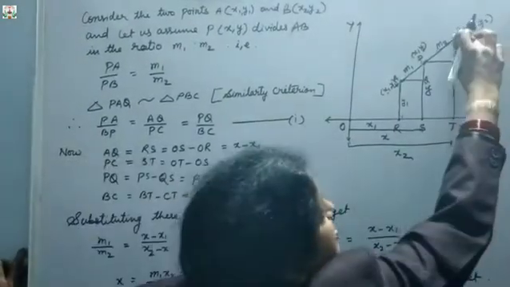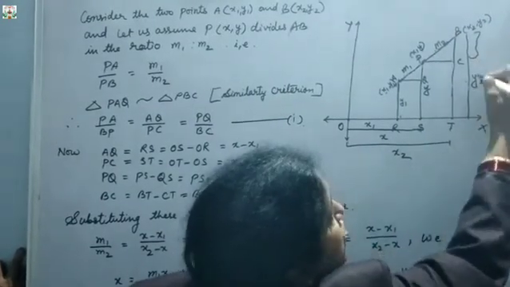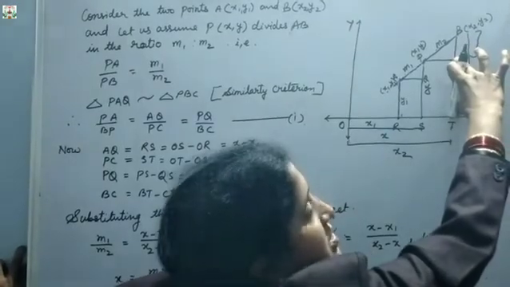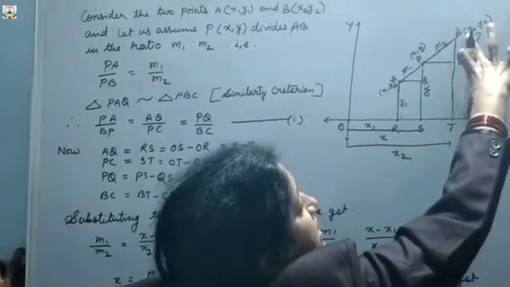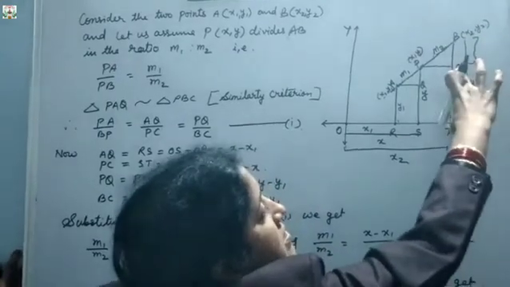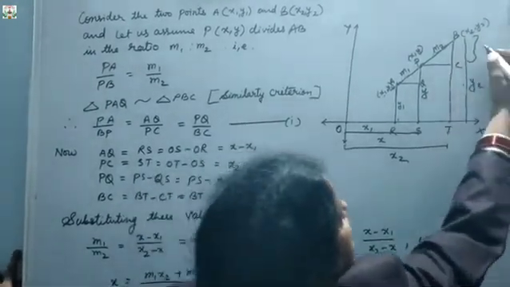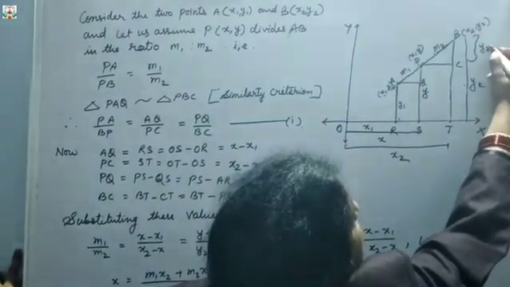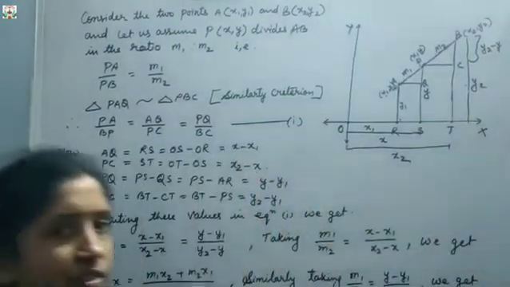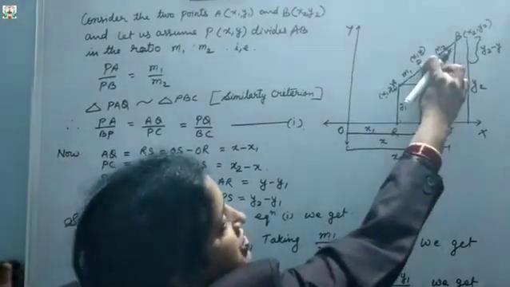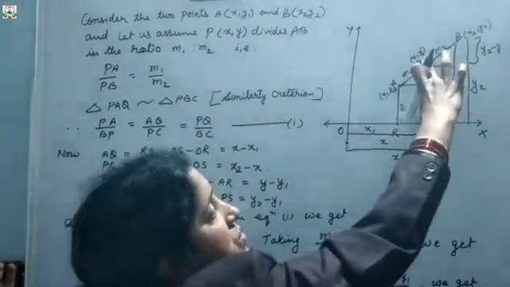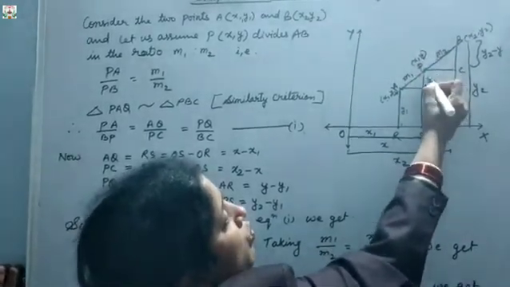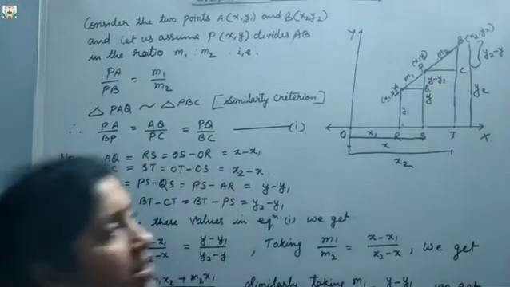So the distance BC will be the total BT distance minus CT distance, so BC will be y2 minus y. Clear? Same way the PQ distance will be the total PS distance minus QS distance, so that is y minus y1.